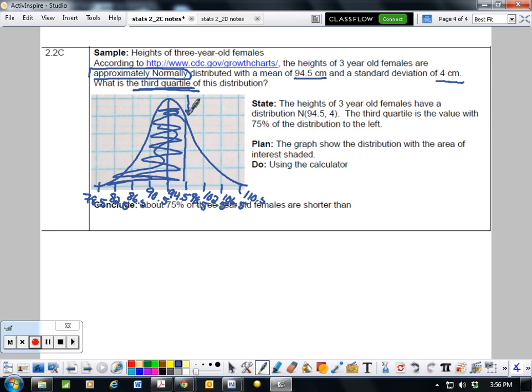And so because I'm working backwards, I'm starting with a percentage. This is going to be my area. So I'm going to work backwards, so I'm going to use an inverse norm. My area is going to be 0.75 for that third quartile, so 75% below.